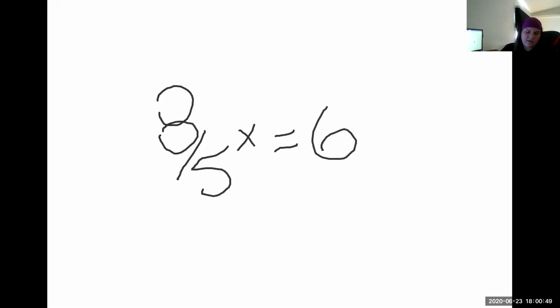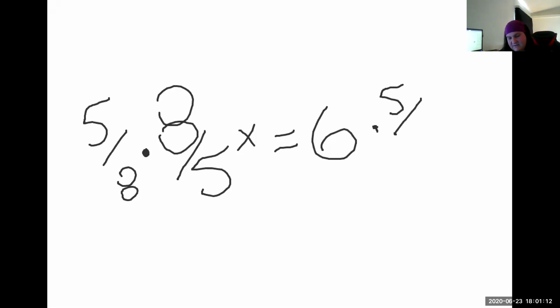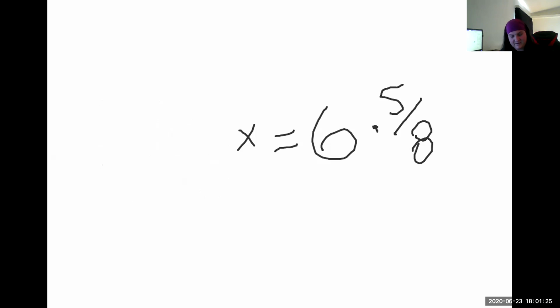When you have a multiplying fraction, to get rid of it, you have to multiply it by its reciprocal to remove it. So we have to multiply this by 5/8, and we have to do it to both sides. Okay. So this right here eliminates this and it isolates x by itself.